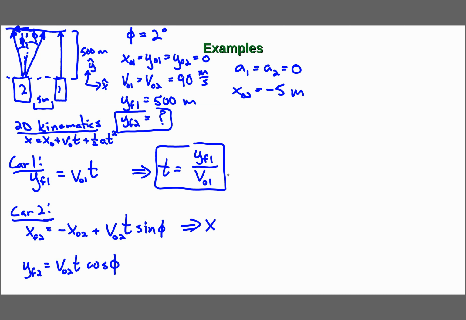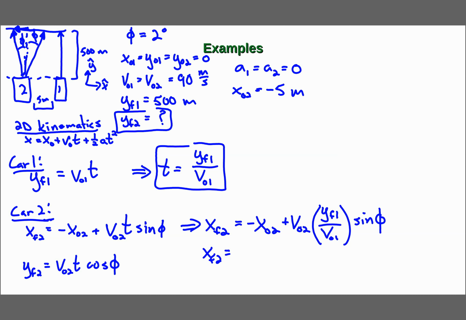So again, let's plug in for t this expression that we've derived that's equivalent to t. Okay. And that gives us the final x position in terms of things that we already know.